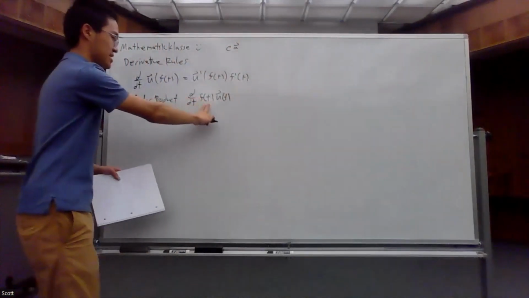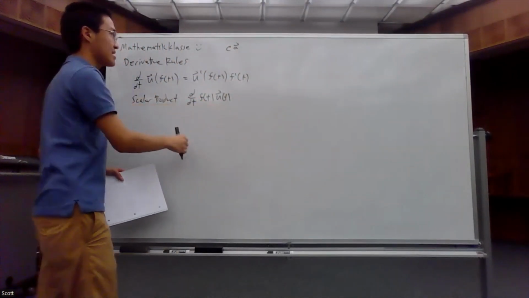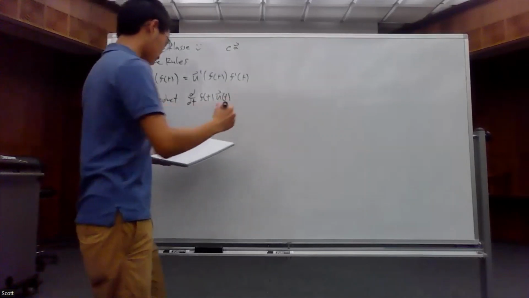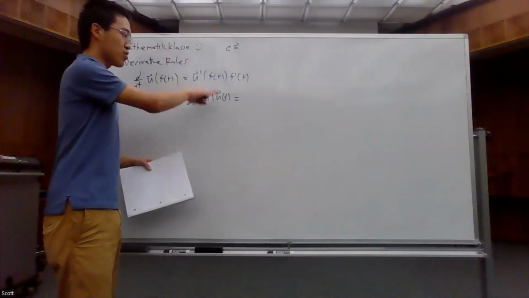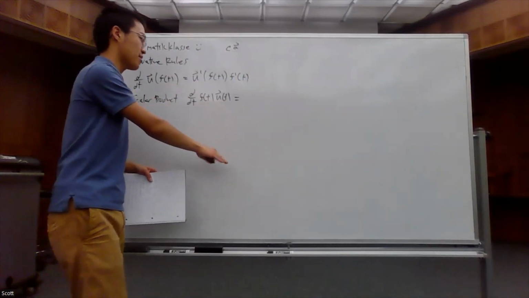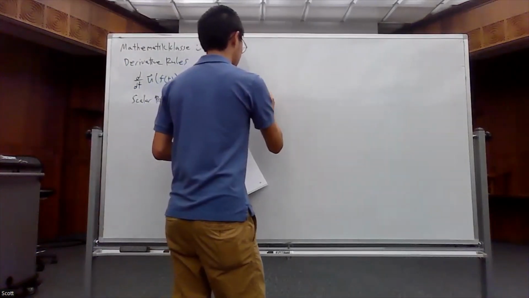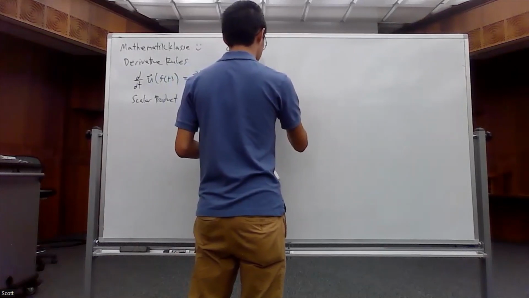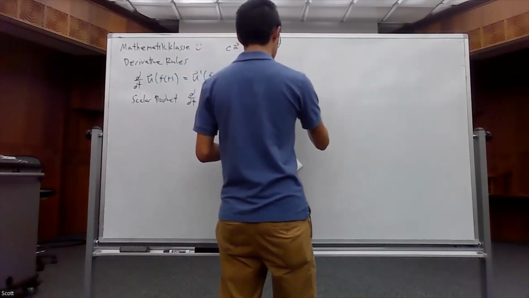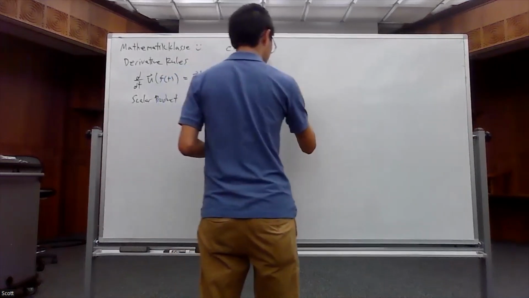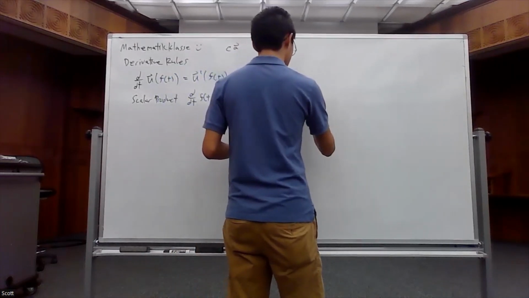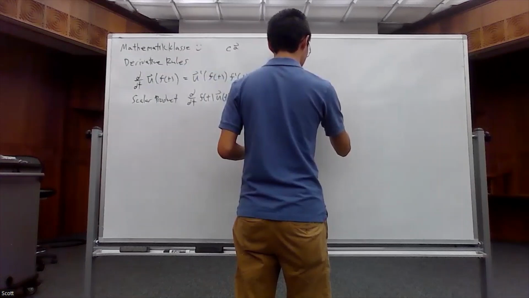Now we're advancing it to being parameterized, but the idea is still the same. All of these product rules are going to be analogous to each other. So it's f prime of t times u, plus f of t times u prime.